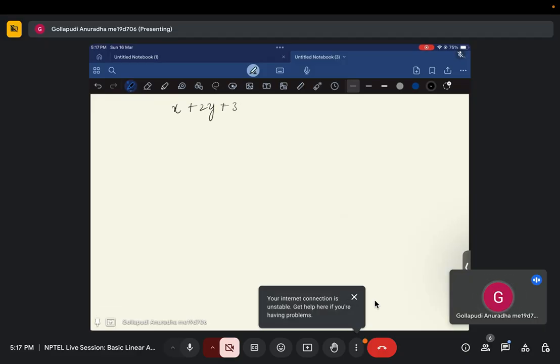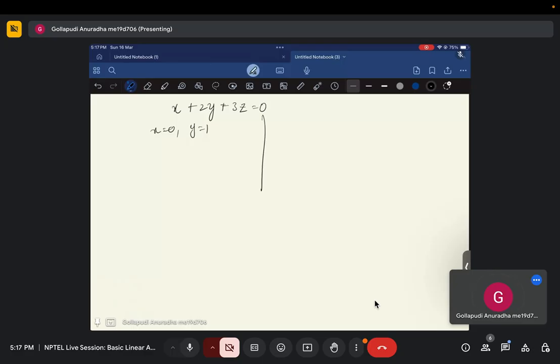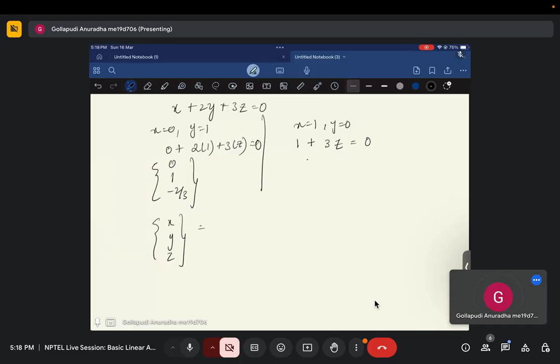2y plus 3z is equal to 0, for example, and if I'm taking x is equal to 0 and y is equal to 1, then for this I can write 0, 1 and minus 2 by 3 as a basis.